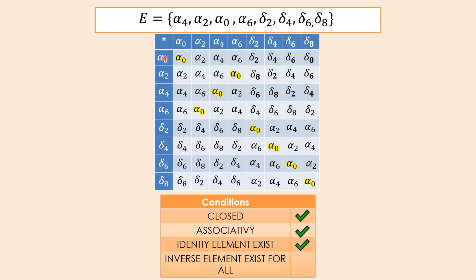The inverse of alpha sub 0 is alpha sub 0. The inverse of alpha sub 2 is alpha sub 6. The inverse of alpha sub 4 is alpha sub 4. The inverse of alpha sub 6 is alpha sub 2. The inverse of delta 2 is delta 2. The inverse of delta 4 is delta 4. The inverse of delta sub 6 is delta sub 6. And the inverse of delta sub 8 is delta sub 8. Therefore, an inverse element exists for all.